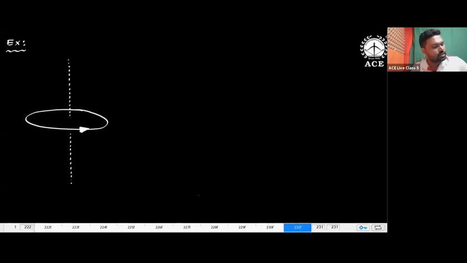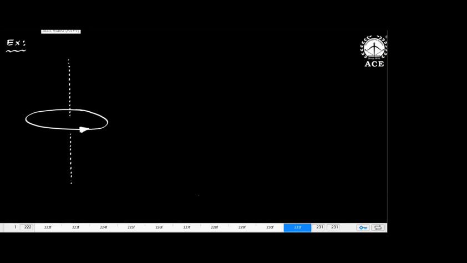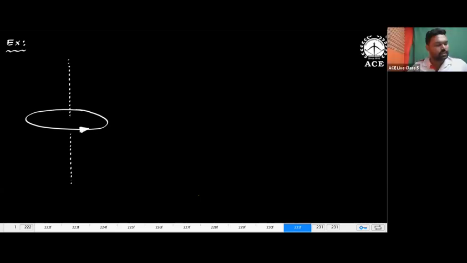Actually, the complete direction of the magnetic field looks like this.